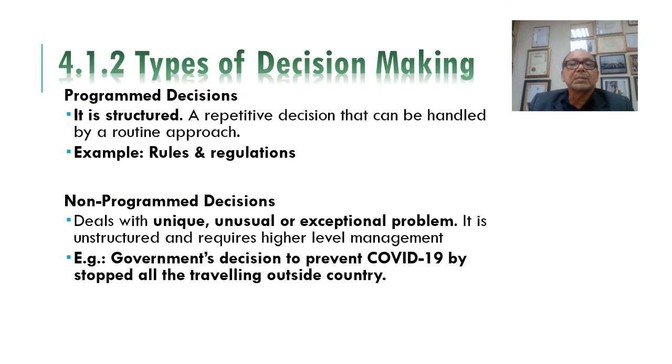There are two types of decision making. First is structured, the program decision: a repetitive decision that can be handled by a routine approach, rules and regulations. An example is the traffic light rules. When you reach the traffic light and you see red, you have to stop. This is structured, rules and regulations already.